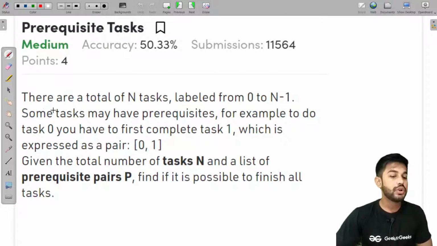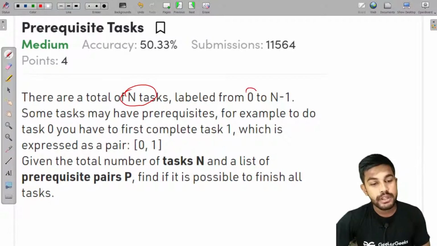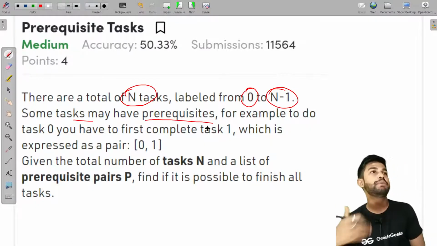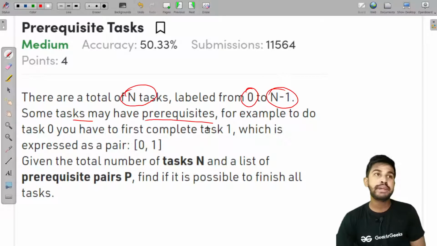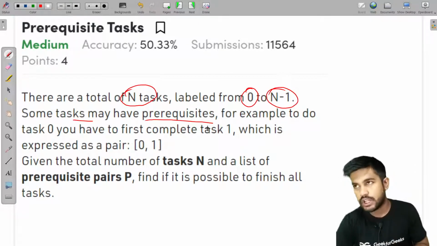We are given a total of n tasks labeled from 0 to n minus 1. Some tasks may have prerequisites. What do we mean by prerequisite? A prerequisite means that we need to finish that requirement to do that particular task.